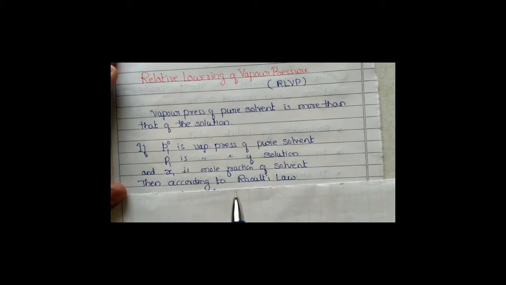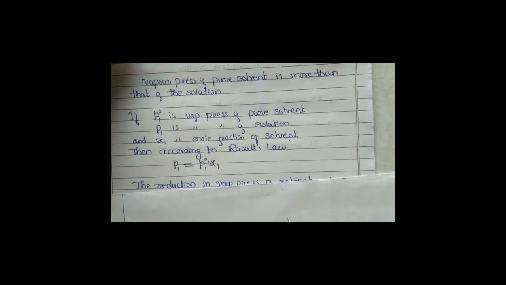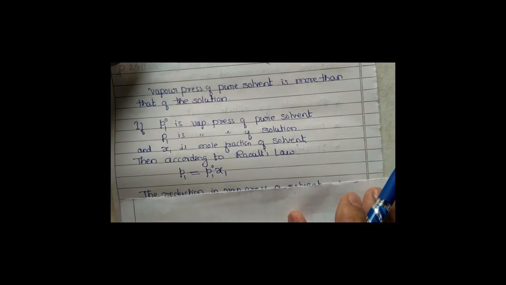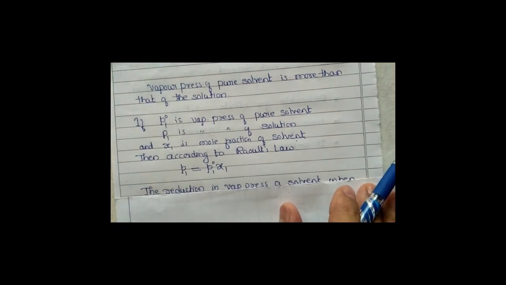And x1 is the mole fraction of solvent. Now we know the mole fraction and vapor pressure, so we can apply Raoult's law. According to Raoult's law, P1 equal to P01 x1.